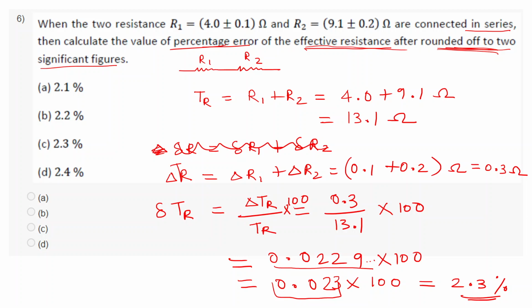In the same way here, if no condition is given, we'll take the default rule for the number of significant figures. But if the question asks to take it up to 2 decimal digits or 2 or 3 significant figures, we have to do accordingly. So that's how we get 2.3% for this problem. So this is the answer here.